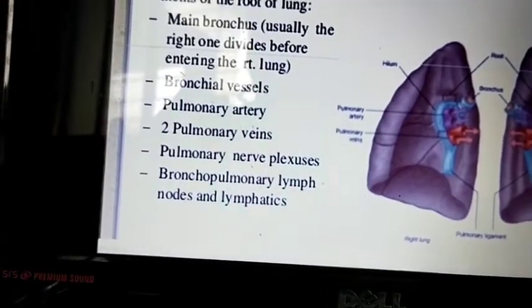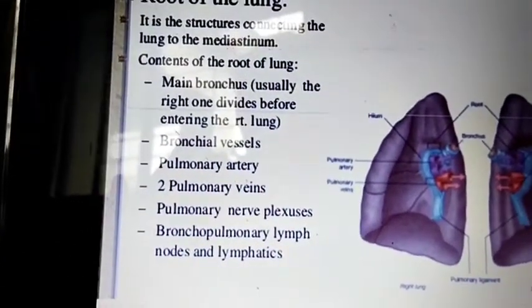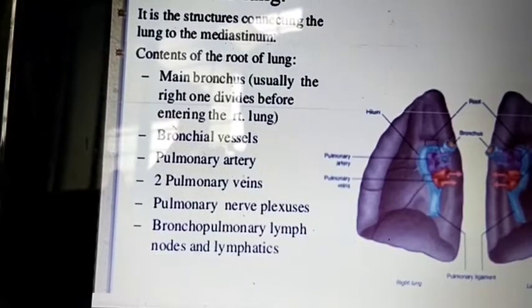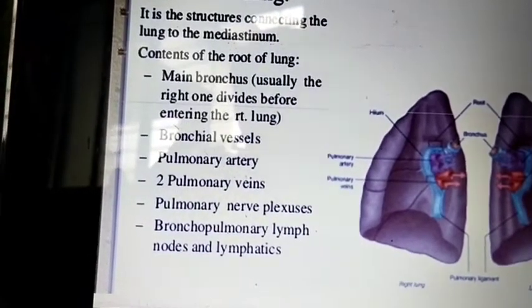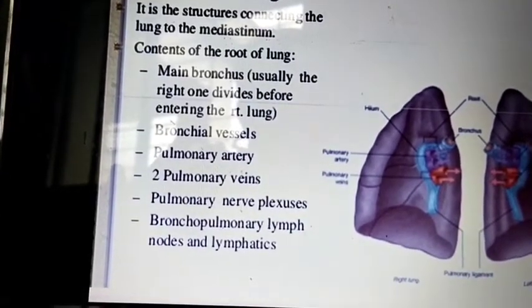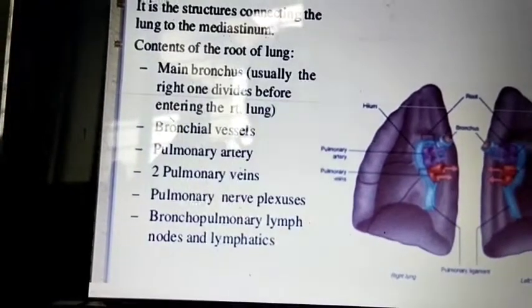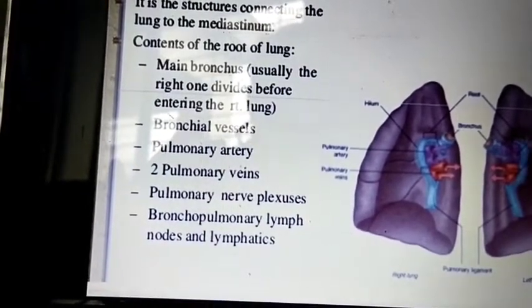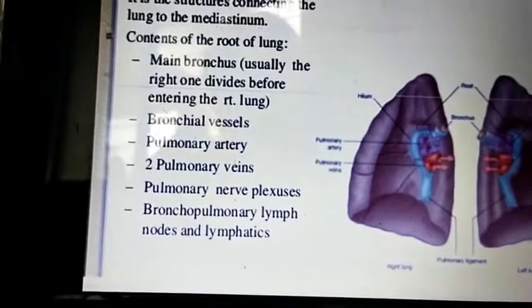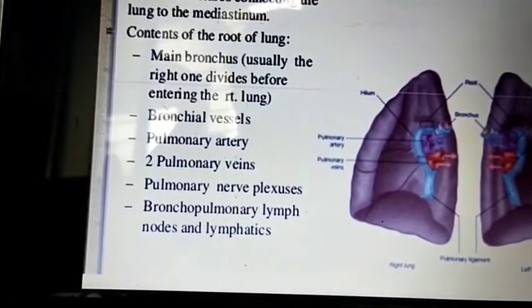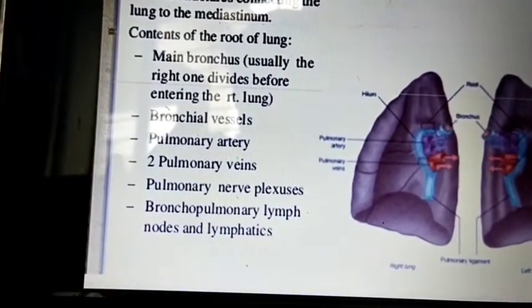Because of these structures, the lung connects with the mediastinum. These structures that connect the lungs to the mediastinum are said to be the root of the lung. What are the contents of the root of the lung?